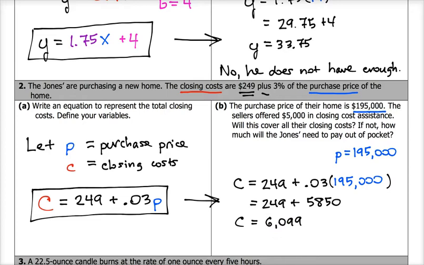So that means that the Joneses are going to have to pay a little bit out of pocket because the sellers, the people letting the Joneses buy their home, are only covering $5,000 of those closing costs. And so if we take the difference between $6,099 and $5,000, we will find how much the Joneses have to pay out of pocket, which is $1,099.